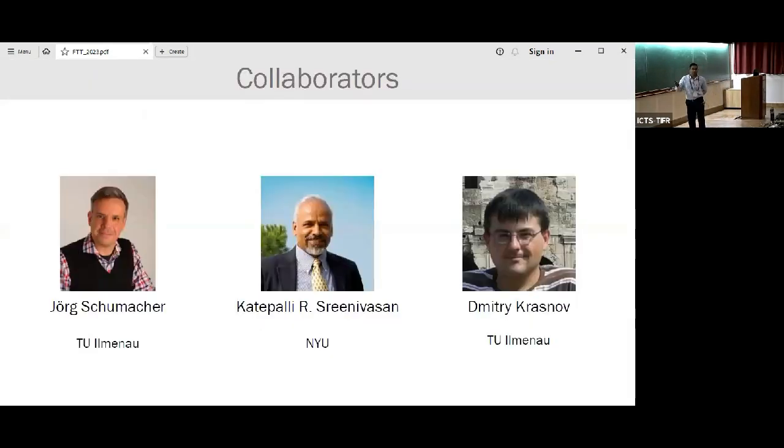This is joint work with Katepalli Sreenivasan and Jörg Schumacher, who are here, and Dimitri Krasnov from Technische Universität Ilmenau, whose code has been used to perform simulations at very low Prandtl numbers in extended geometries.